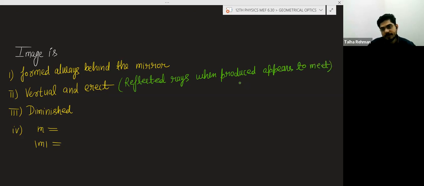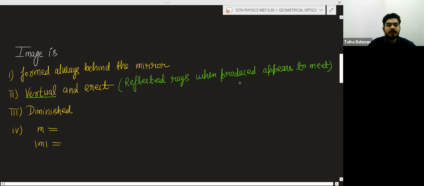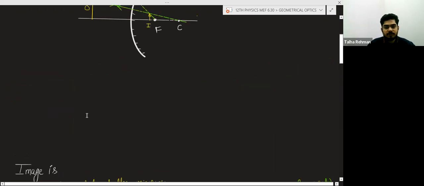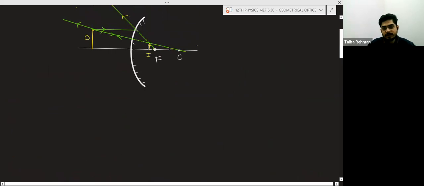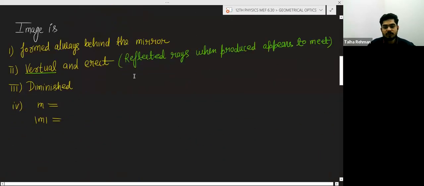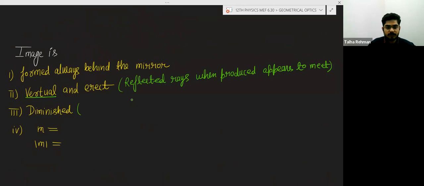That is why we are getting virtual image and erect also. Diminished means you can see here size of the image is small as compared to the object. So you can say image is smaller than object. What is the meaning of smaller than object? Height of the image is smaller than the height of the object.